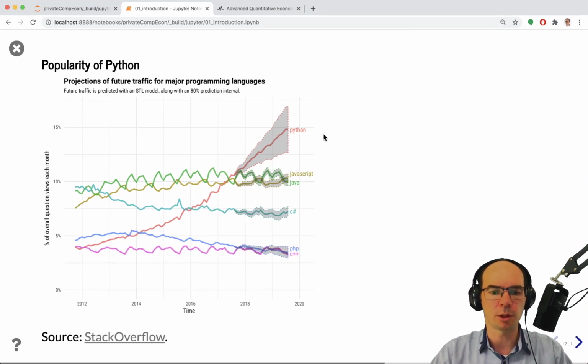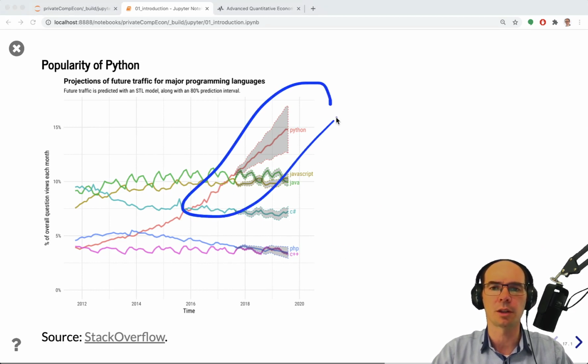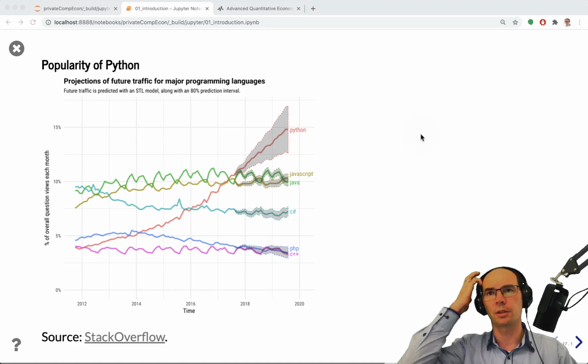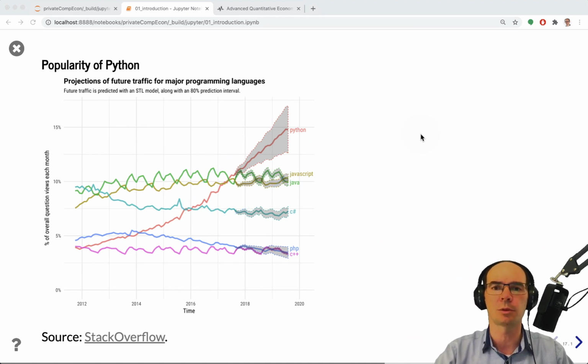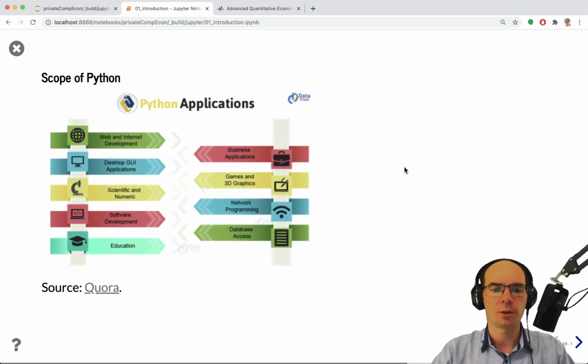You can see that the Python community is really growing, and this is one of the reasons what makes Python such an attractive language for you as well, because there is a lot of synergy around it in the later years, and that will make you more efficient too.